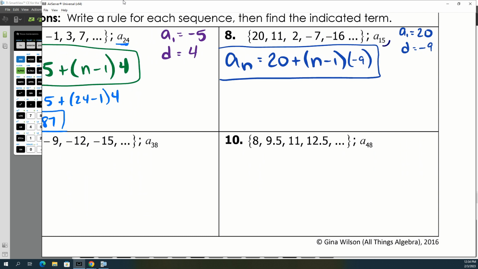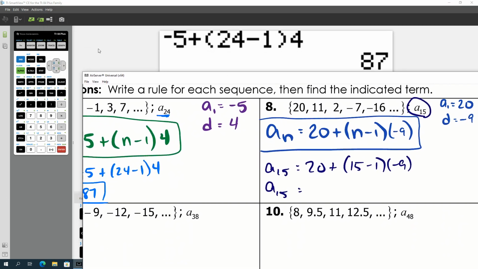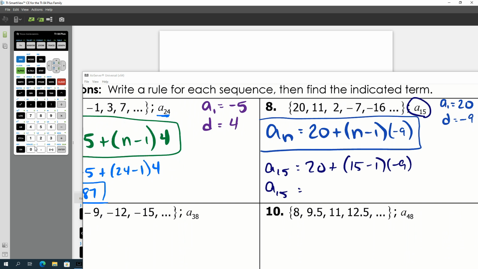And then this time it's asking us to find the 15th term. So we can type that in. Now, if you wanted to do 15 minus 1 in your head and just make that 14, you can, or you can type it in exactly like it looks.